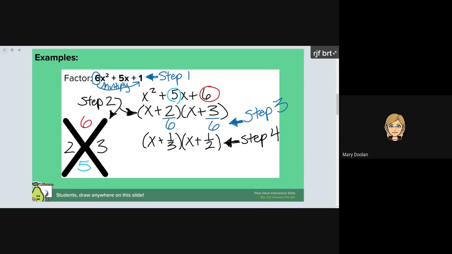Our last step, step 5, is to take any number that's left in the denominator and bring it up. It's the bottom-up method, so I'll just use a different color here. Let's use purple. Okay, so last step here, we're going to take this 3 and bring it up. We're going to take this 2 and bring it up.